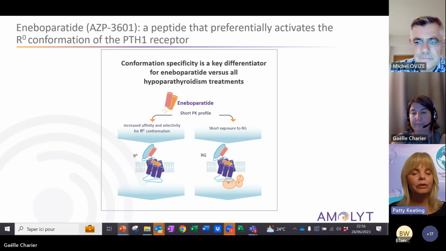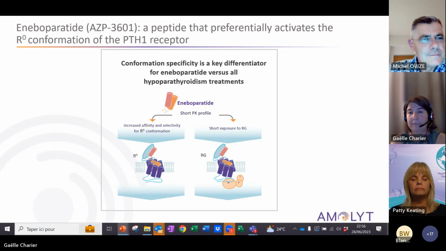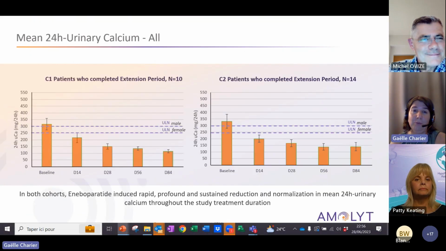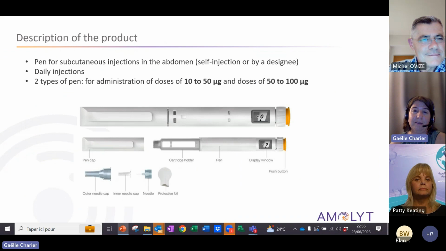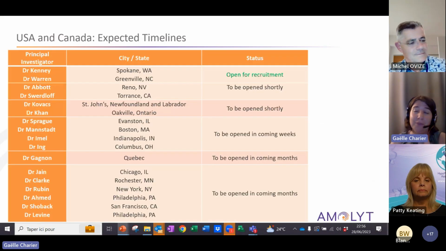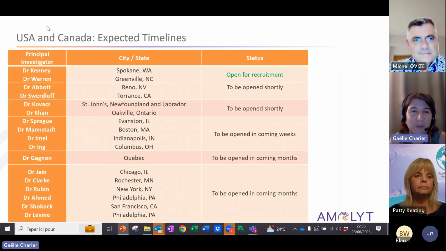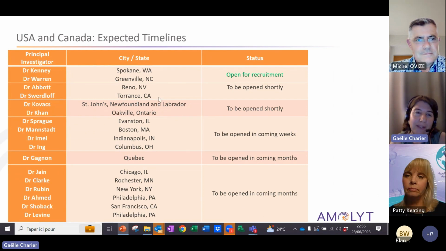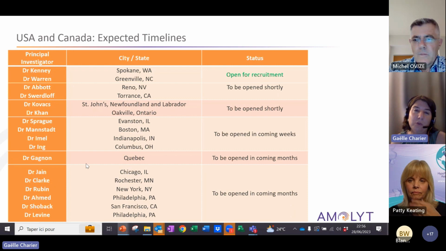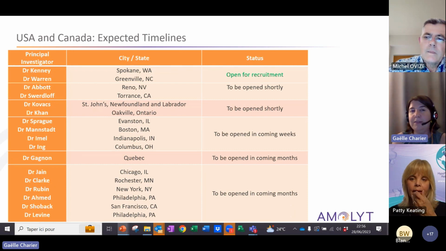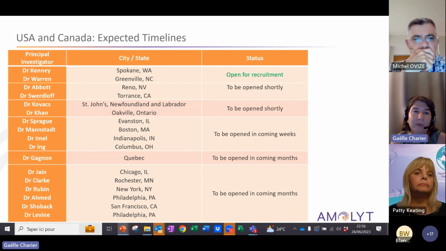So if a patient wanted to sign up today, what do they do? So the best is to look at which sites are open for recruitment. As of today, 28th of June, it's only the first 2, but again, there will be more coming. I don't know if the person asking the question is a patient of one of these sites, but the best is to talk to your doctor and say you want to participate in such a study and discuss with them.